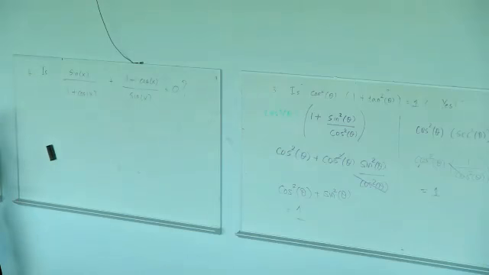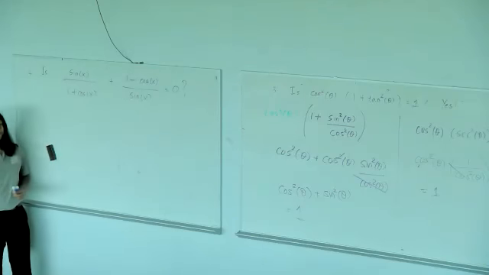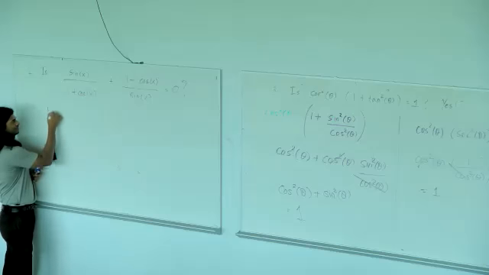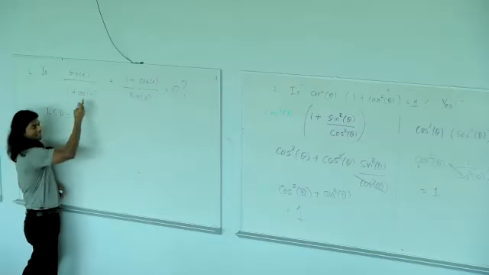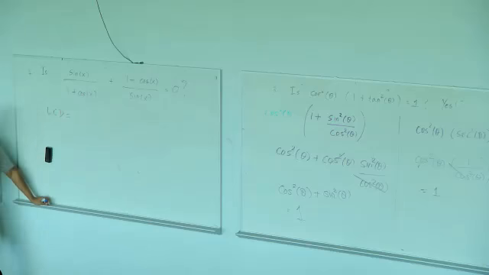You have a fraction plus another fraction. How do we combine them? Common denominator. What is the common denominator? Is there something in common?